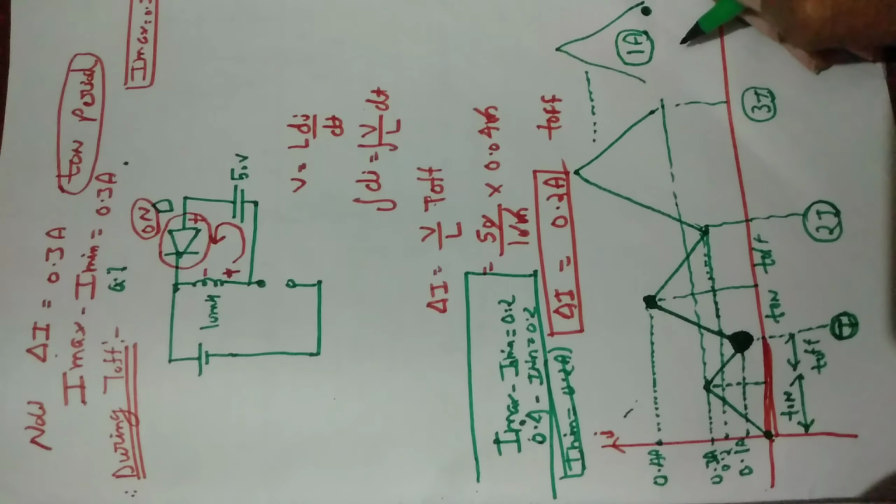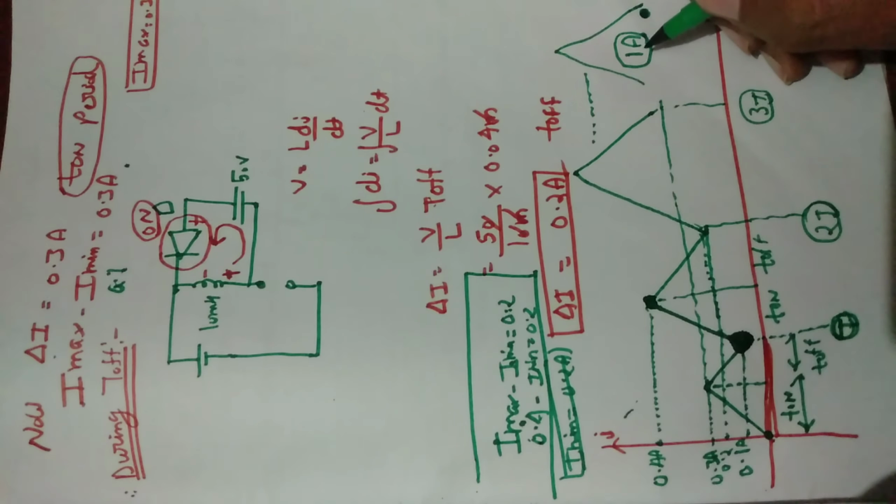So we can say at 10T, 1 ampere is reached. Got it? At 1T 0.1 ampere is reached, at 2T 0.2 ampere, at 3T 0.3 ampere, at 10T 1 ampere is reached. So we find the value of I.